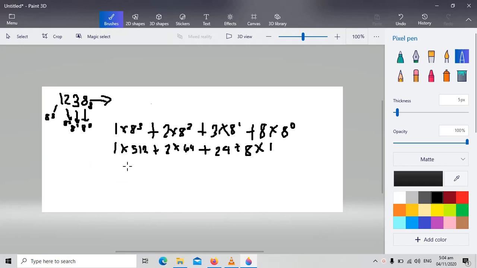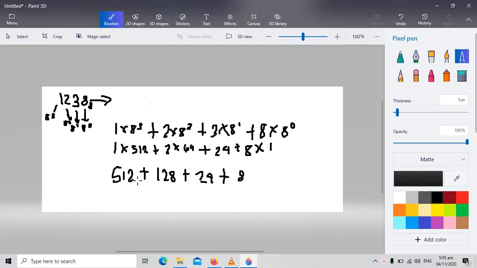So 512 times 1 is 512. 64 times 2 is 128. Plus 24 plus 8.